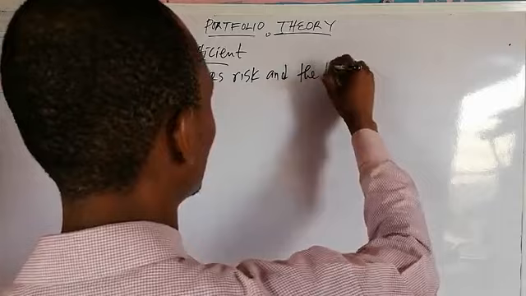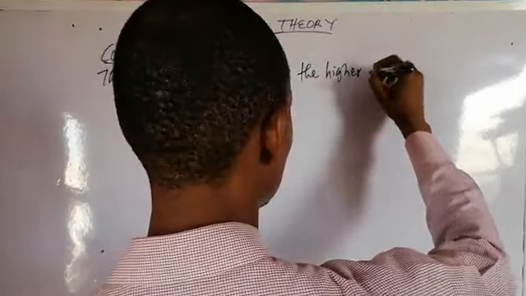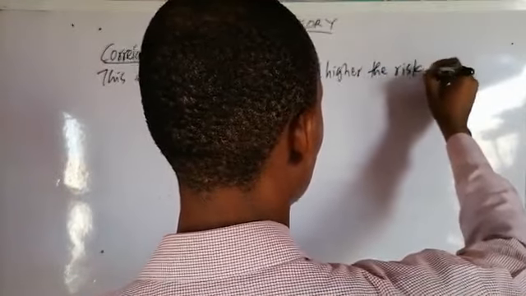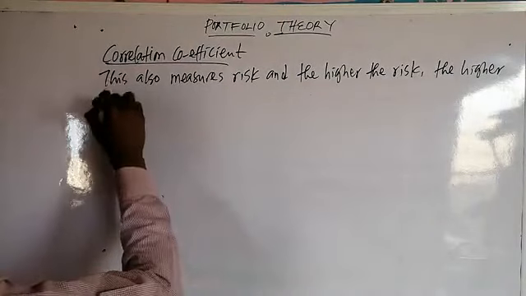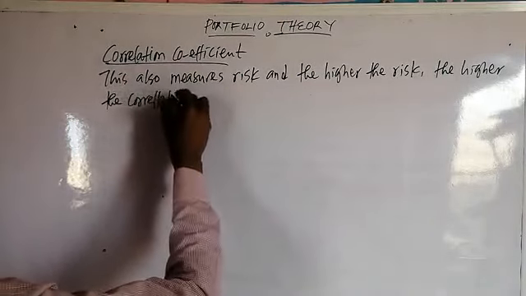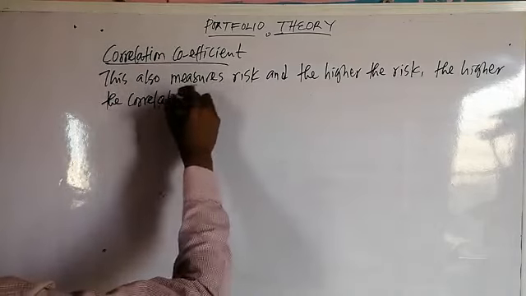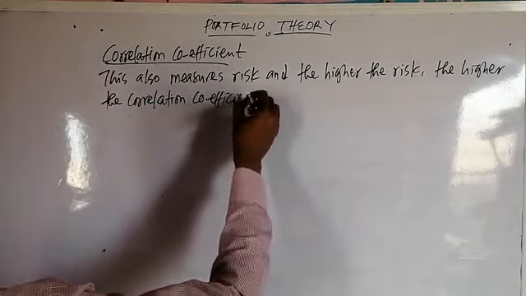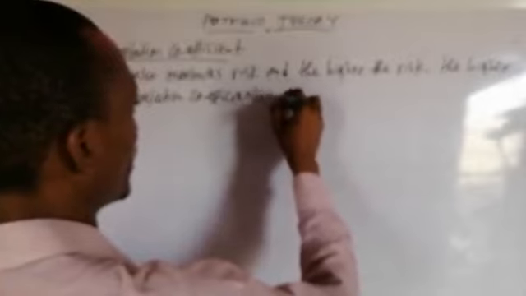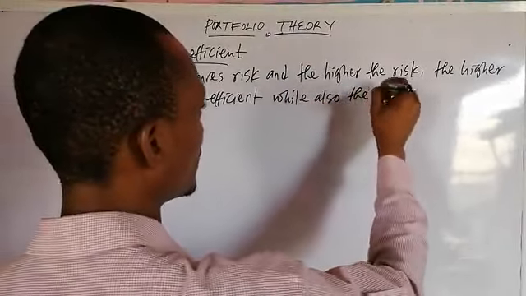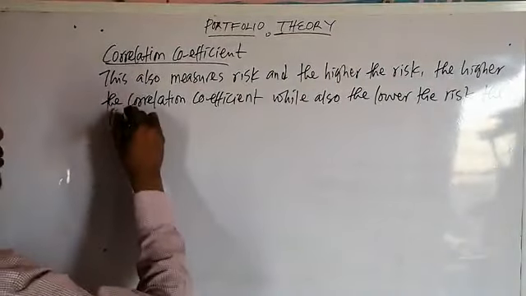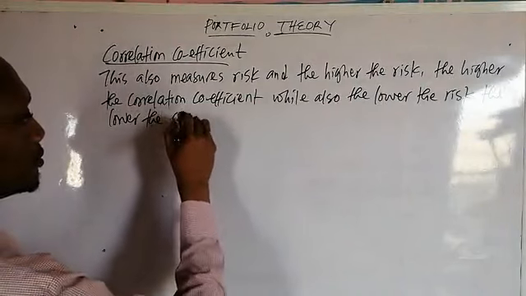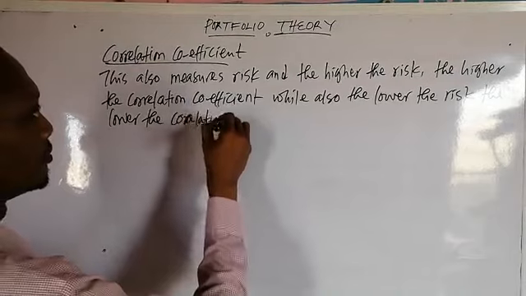The higher the risk, the higher the correlation coefficient, while the lower the risk, the lower the correlation coefficient.